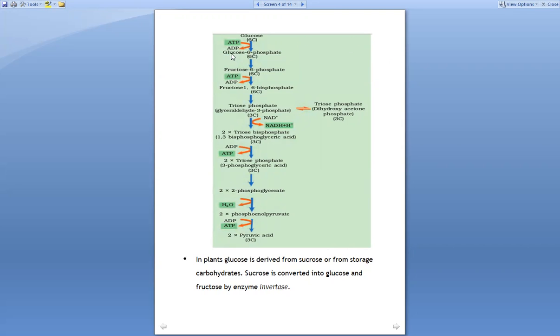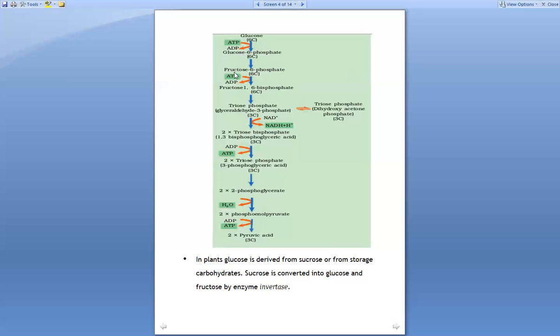For the conversion of glucose 6-phosphate to fructose 6-phosphate, the enzyme isomerase is responsible for producing the isomer. So from glucose, it forms its isomer, fructose 6-phosphate. They are the same, but just the structure is different.